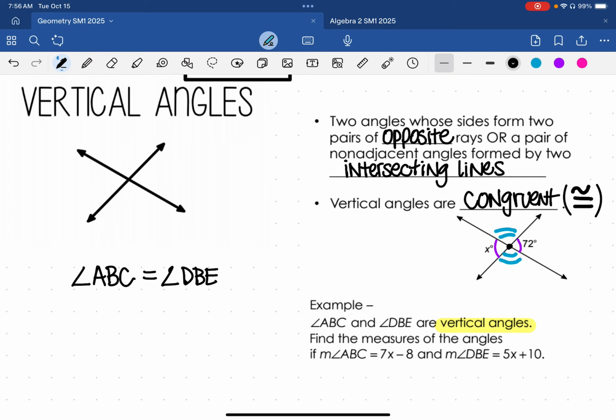And I know this from the fact that they are vertical angles. If I wanted to, I could use my highlighter to help me out. I'm going to plug in this for ABC, and I'm going to plug in that for DBE. So let's go ahead and do this. -8.